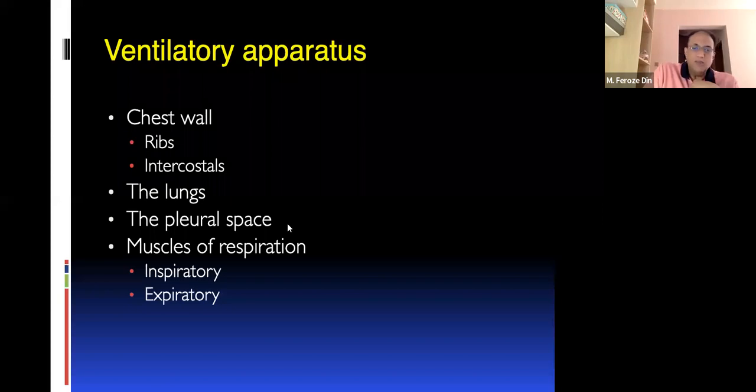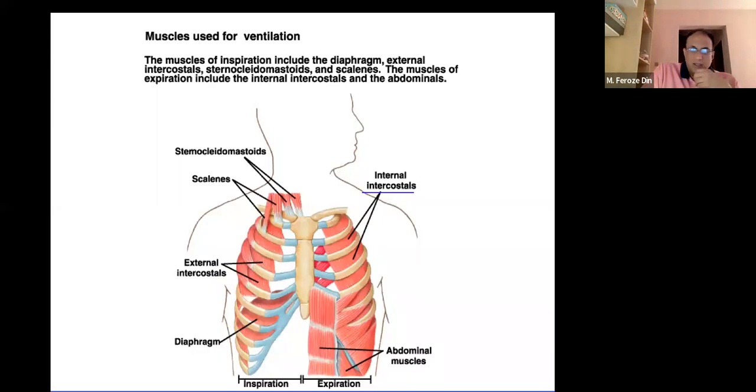And how are these volumes and these pressures changed? It is by the muscles of respiration, which can be divided into inspiratory and expiratory muscles. This is now a diagrammatic look at the ventilatory apparatus. The main inspiratory muscle, my friends, is the diaphragm.